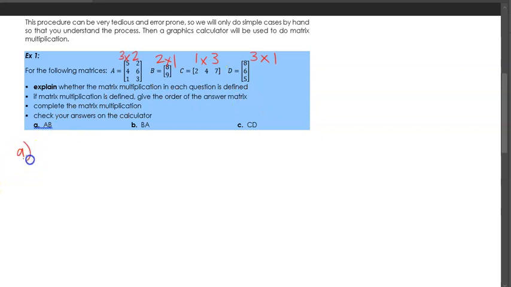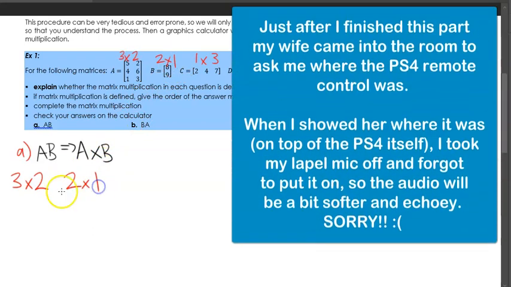So we're going to do AB. Remember, this just means matrix A multiplied by matrix B. So let's look at matrix A and get the order. So matrix A is a 3 by 2, and we're going to multiply this by matrix B, which is a 2 by 1.